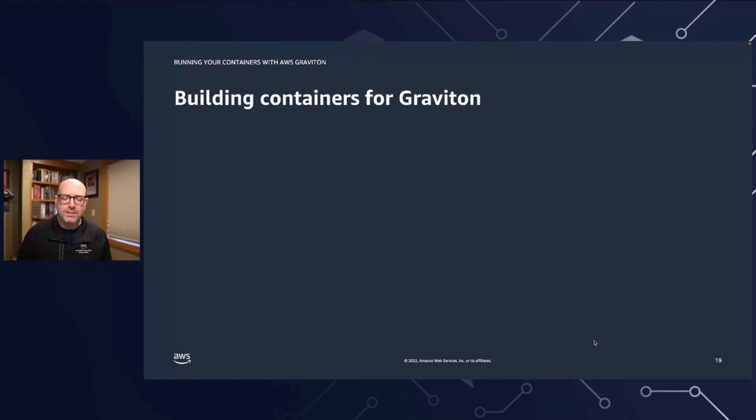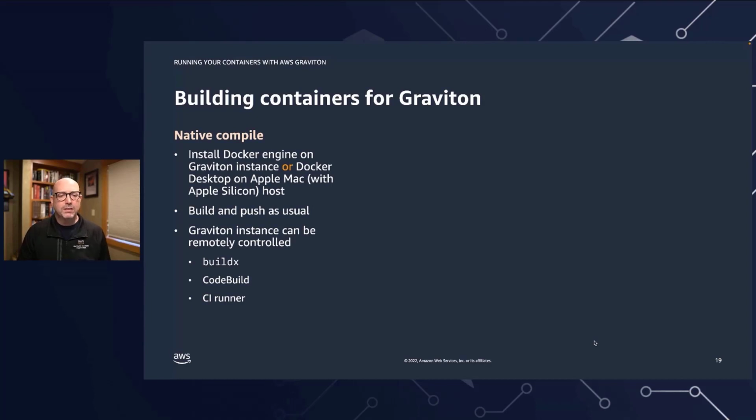Once you've started with a base image, then you can begin to build your container image containing your application. And there are three ways to do this. The first way, which is the fastest way, is to compile your application natively on Graviton. And there are three ways you can do this.